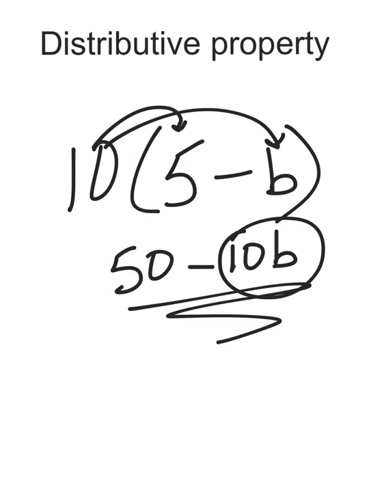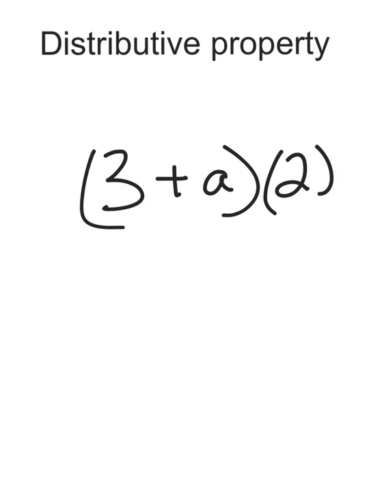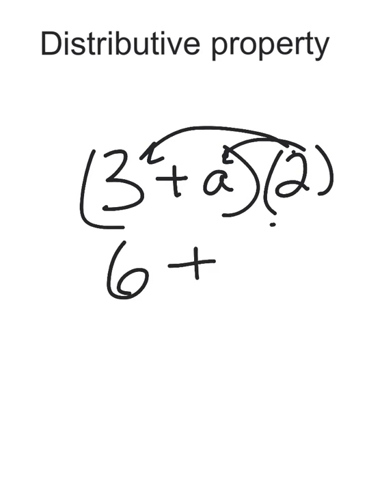But in this case, this is fine. It's perfectly fine. On some IXLs, you may have done those already. You could switch this thing to the front. Doesn't matter. You just work it out the same way. So it would be 2 times 3, and then 2 times a. You're adding together. So it would be 6 plus 2a.